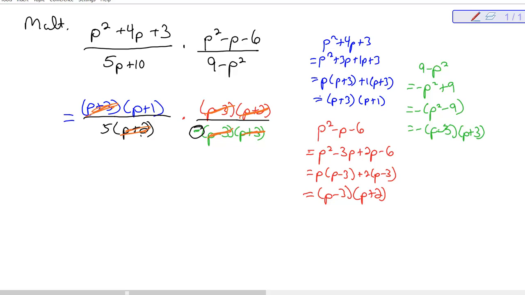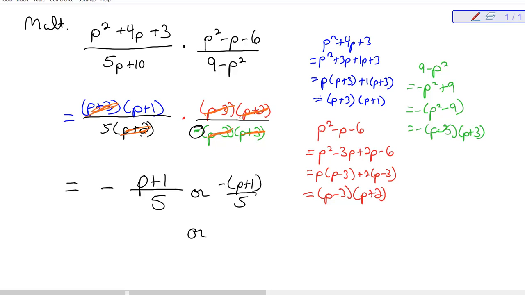What happens is that minus sign just comes out to the very front. And I have a p plus 1 on the numerator, and I have a 5 on the denominator. I can write it as a negative p plus 1 over 5.